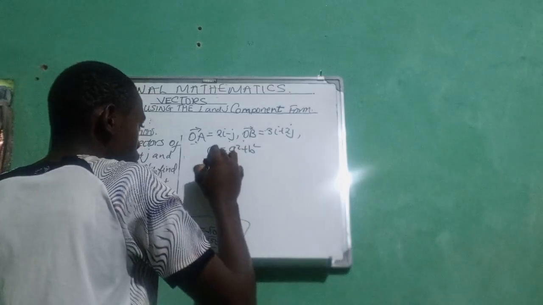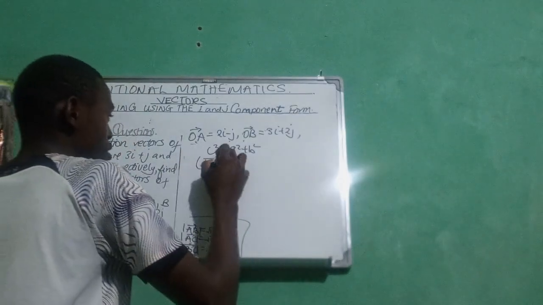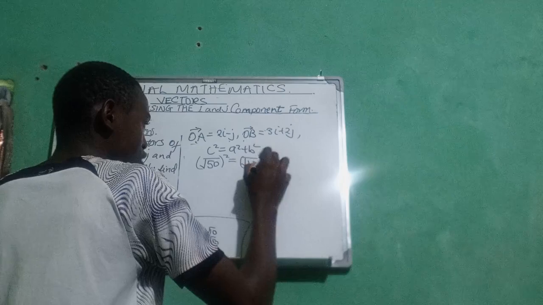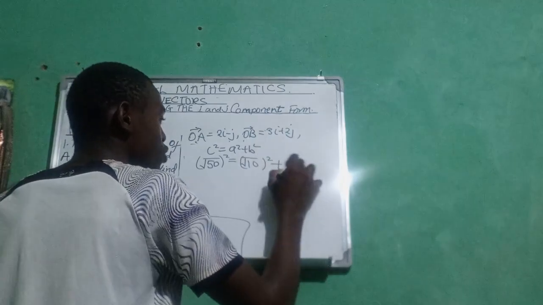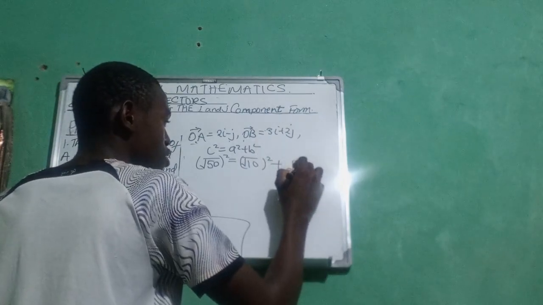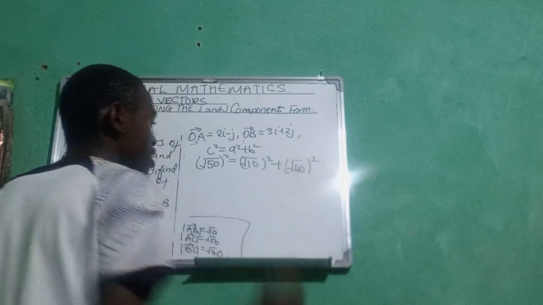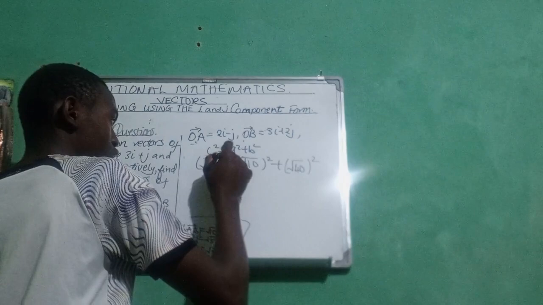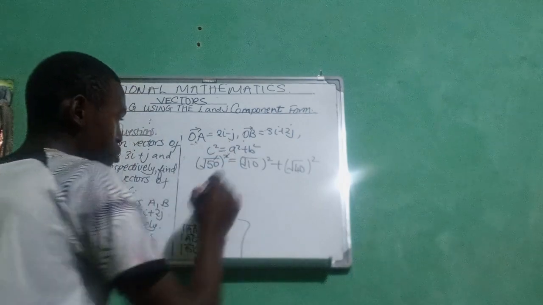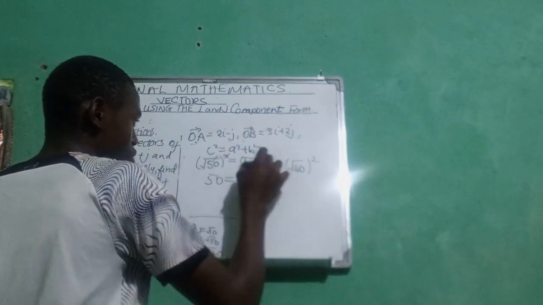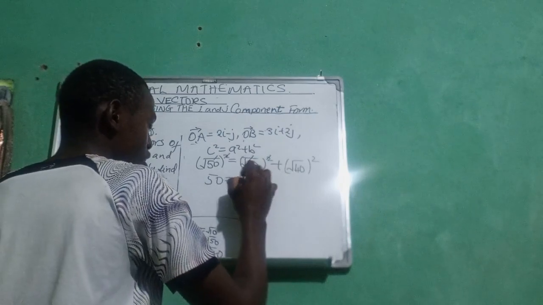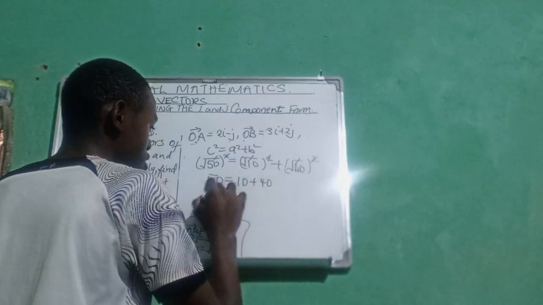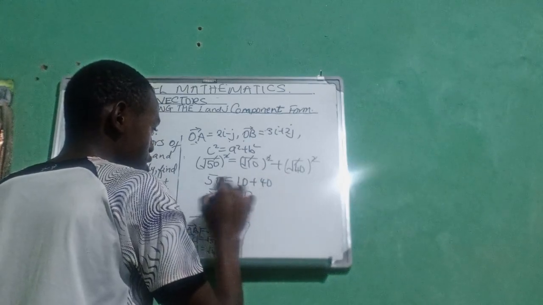So we'll just get square root of 50 squared is equal to the square root of 10 squared, plus the square root of 40 squared. Then the square symbols will cancel. It means 50 is equal to 10 plus 40. 50 is equal to 50.